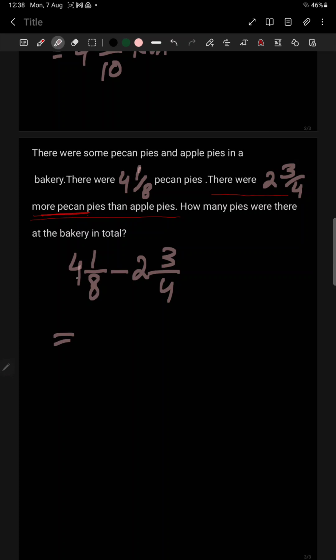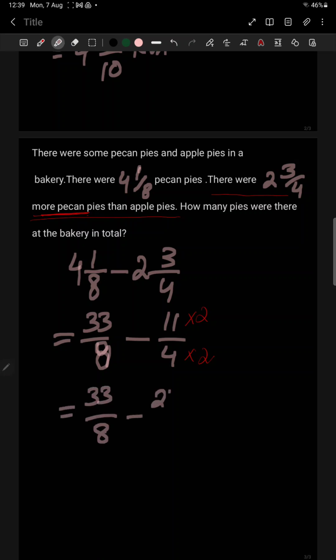So what we will do, 8 4s are 32, 33 over 8 minus 4 2s are 8, 8 plus 3, 11 over 4. Over here the denominator is 8, so to make the denominator same, we will multiply this by 2 and this by 2. Now we will get 33 over 8 minus 22 over 8, which will give us 11 over 8.